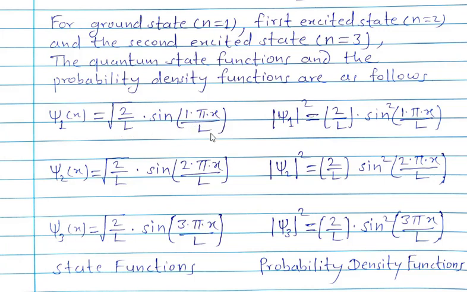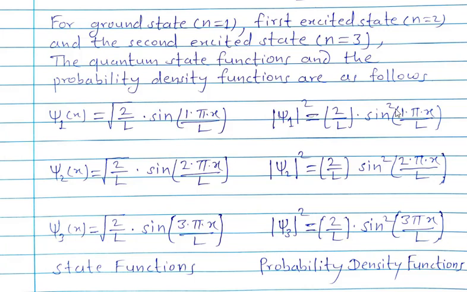So root 2 by L becomes 2 by L, and the square of the sine function is sine square of the same value: 1 times pi x by L for the ground state, 2 times pi x by L for the first excited state, 3 times pi x by L for the second excited state, right?